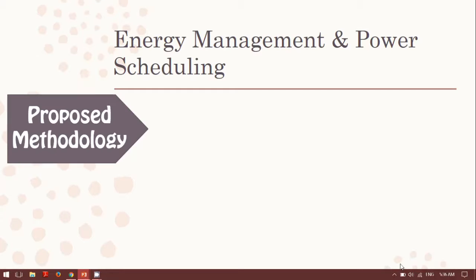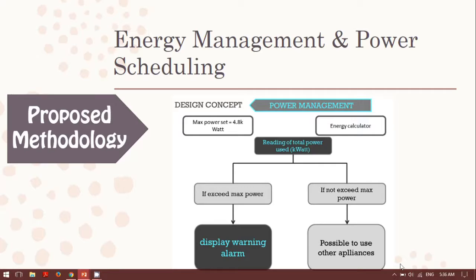So, the proposed methodology. For this part, we are working on developing a program that will display warnings and alarms to the user if the reading of the total power consumed exceeds the maximum power consumption that we set. As you can see here, we want to create an energy calculator. By using this energy calculator, the reading of total power usage is measured and taken.